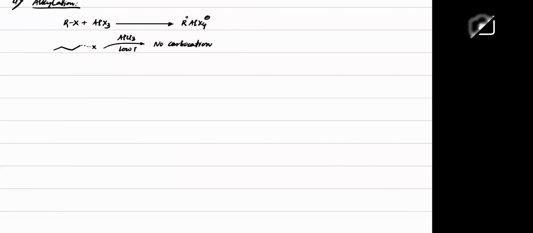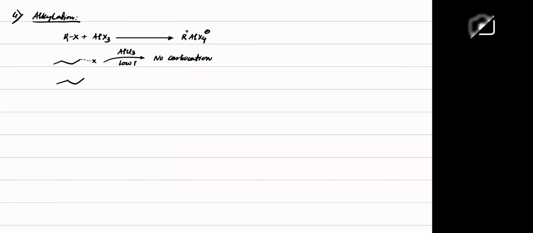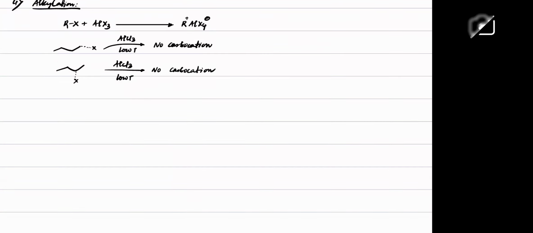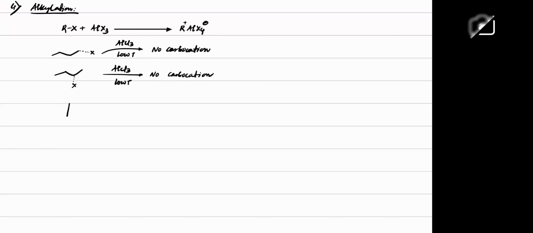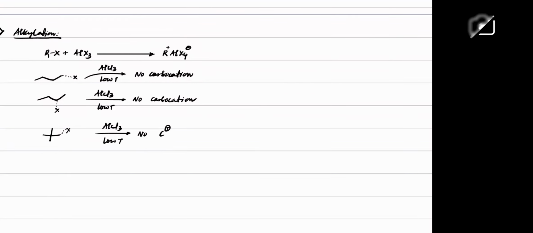Even if you have secondary also like this, with AlCl3 at low temperature, no carbocation. Even like this with AlCl3 at low temperature, no carbocation. So you directly make a reaction there.